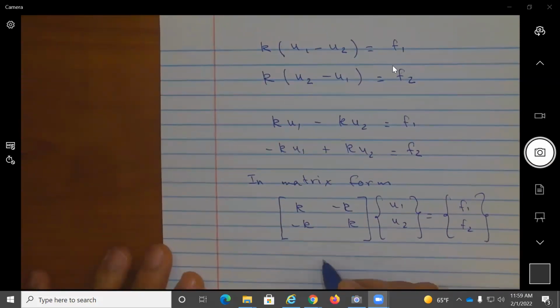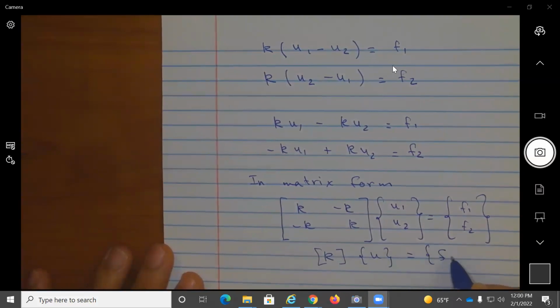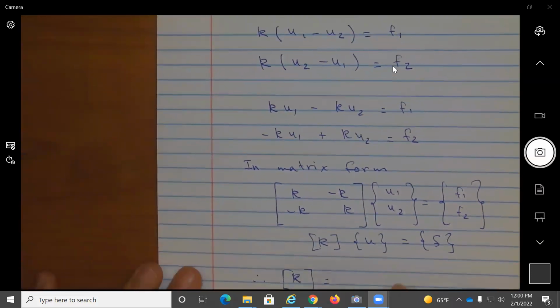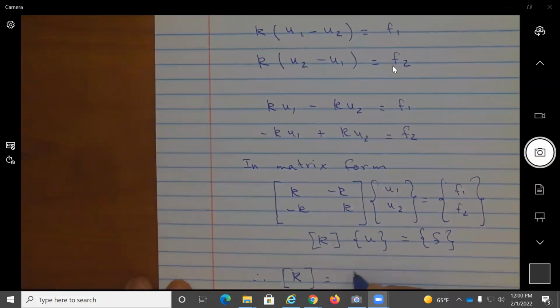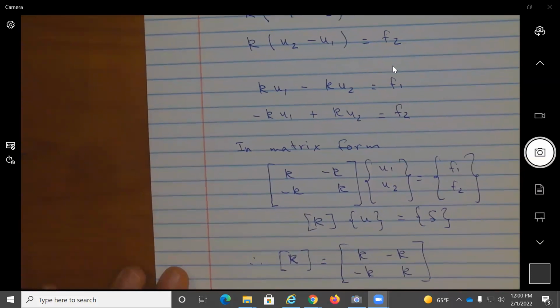If you compare that to K times U equal to F, we find that the stiffness matrix of the spring element K is equal to K, minus K, minus K, and K, which is what we found earlier.